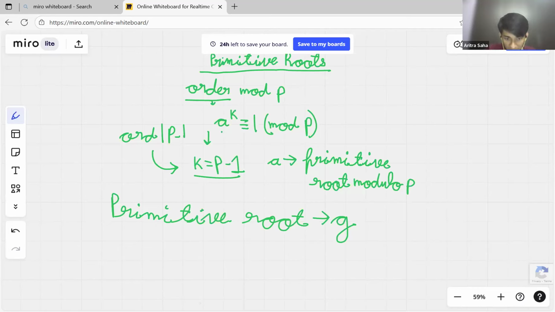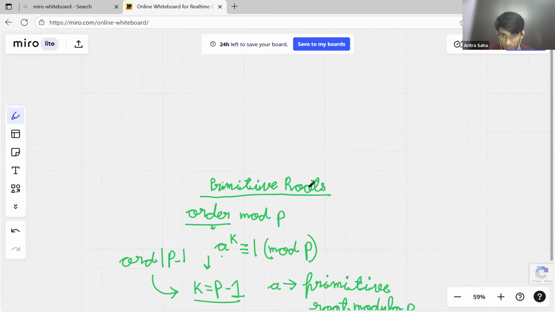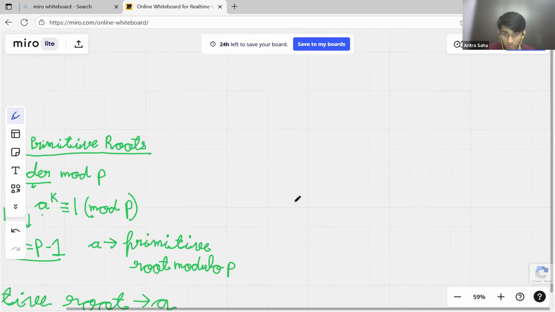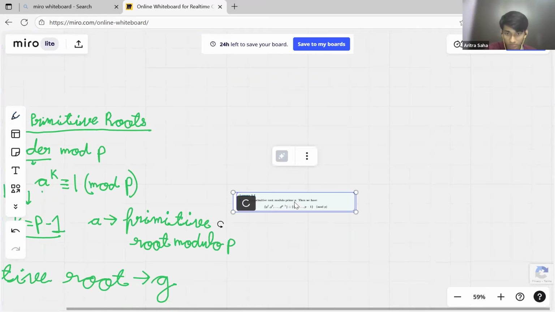So we'll prove that after doing a lemma. I'll just paste it.